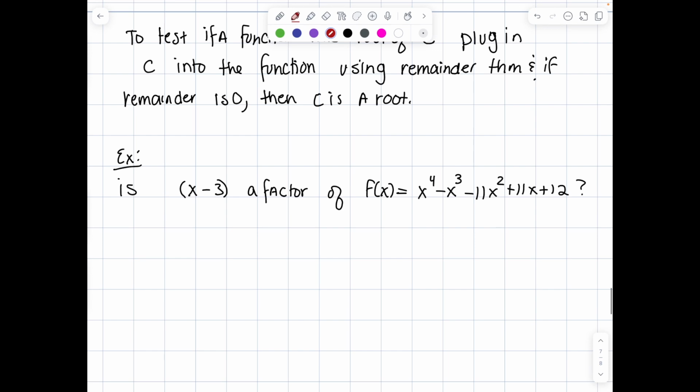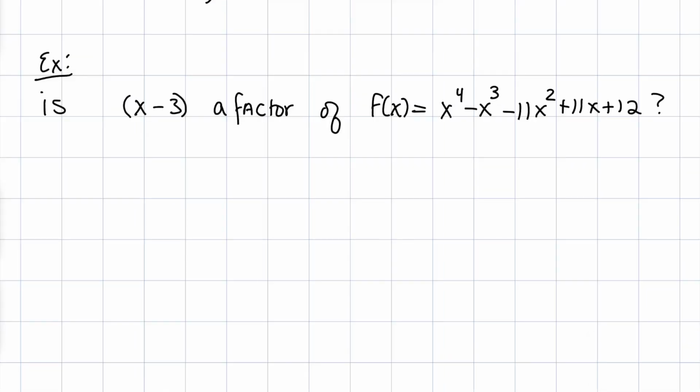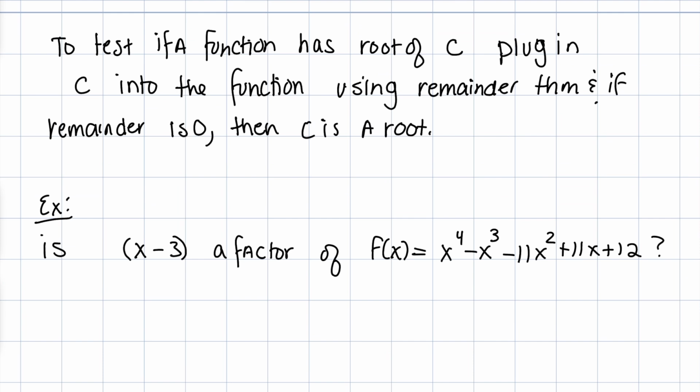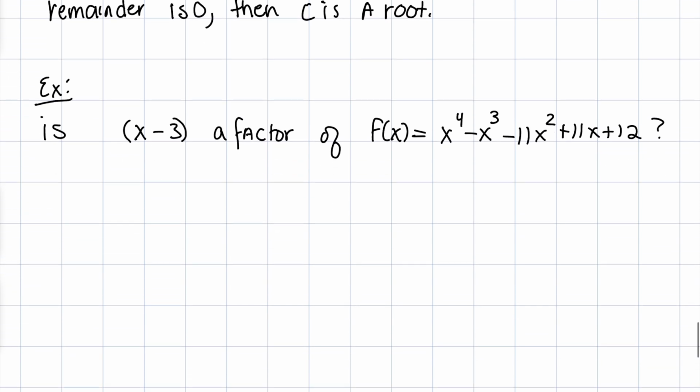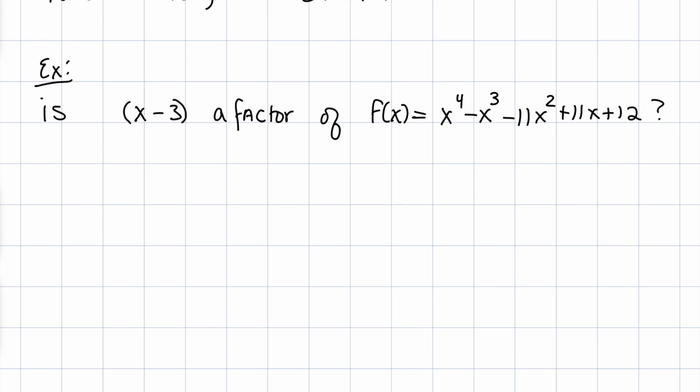All right, so let's actually do this with a different example. Okay, so to test if a function has root c, plug it into the function using the remainder theorem. If the remainder is 0, then c is a root. So we ask ourselves, is x minus 3 a factor of this function? The first thing is to set up our synthetic division, divide this guy into this guy, see if our remainder is 0, and then go from there.